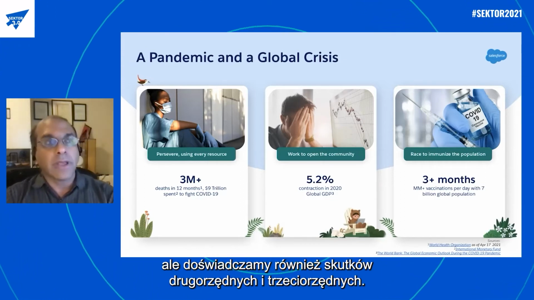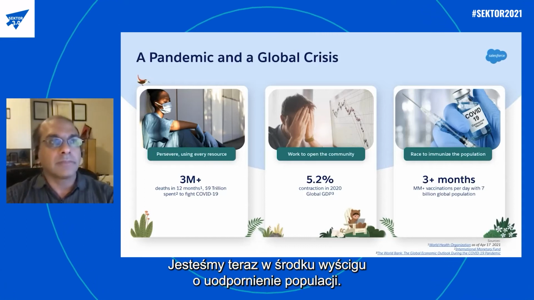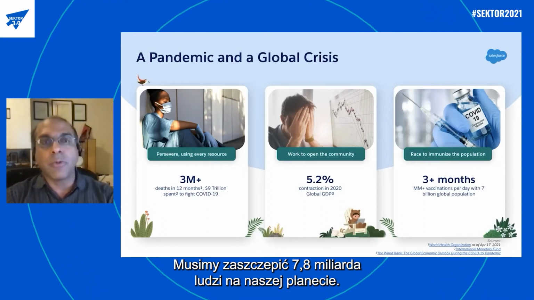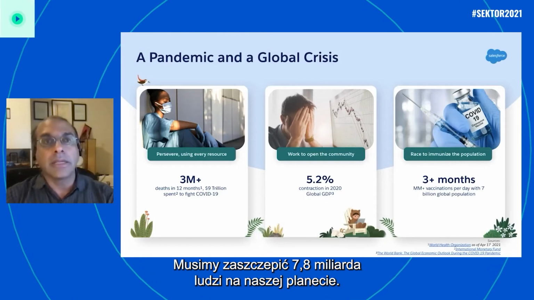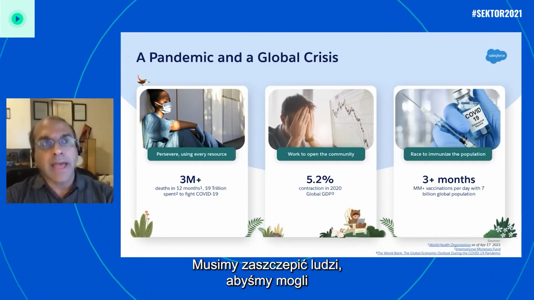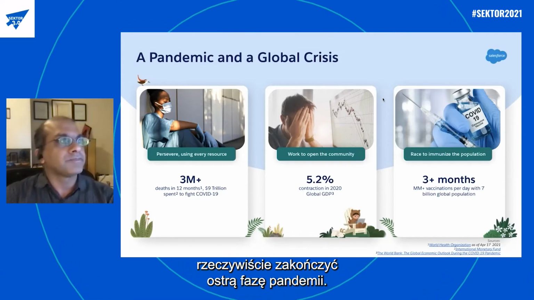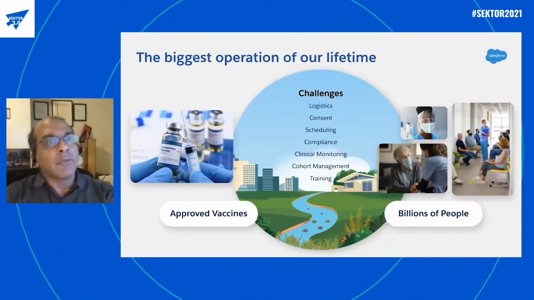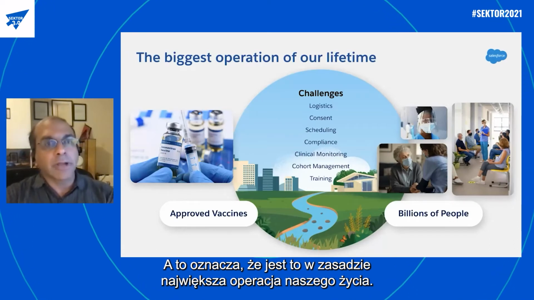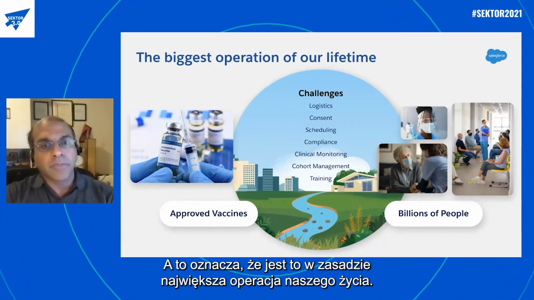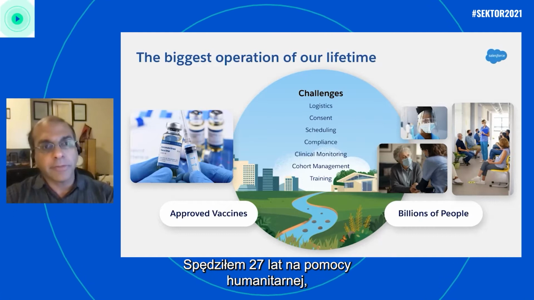And of course, we're now in a race to immunize the population. We need to get 7.8 billion people on the planet immunized. We need to get people vaccinated so that we can actually end the acute phase of the pandemic. And what this means is that this is essentially the biggest operation of our lifetime. I have spent 27 years in humanitarian response.